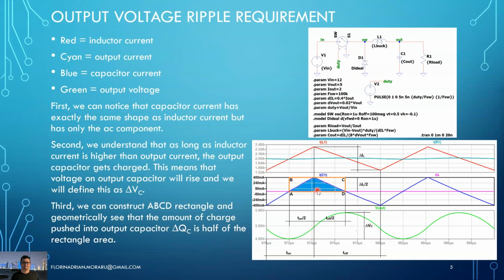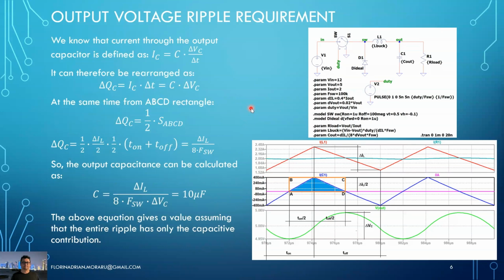Therefore, in order to calculate the needed capacitance that will give this voltage ripple for the inductor current ripple we have, we need to calculate the amount of charge we push into the capacitor. Well, in order to do this, I construct this rectangle ABCD, and by geometrically looking at this figure, we can say that the amount of charge is actually half of the rectangle area.